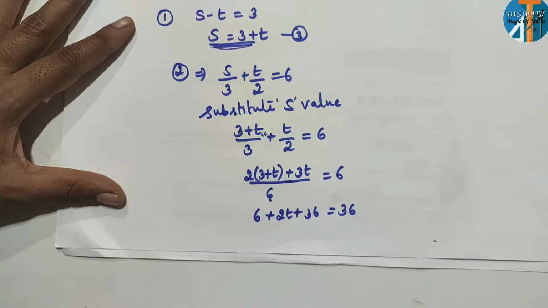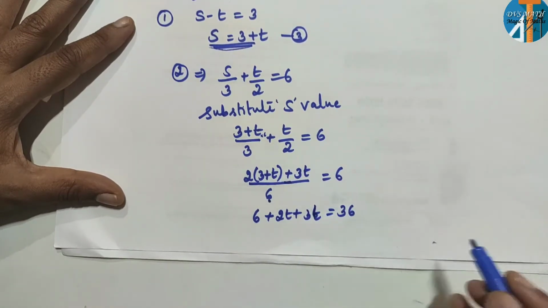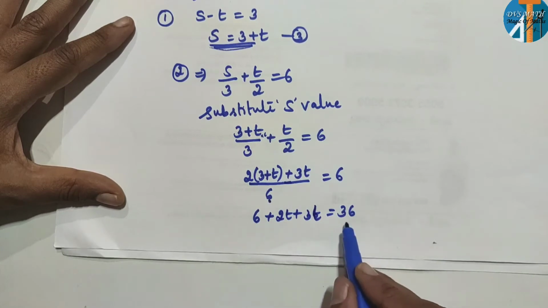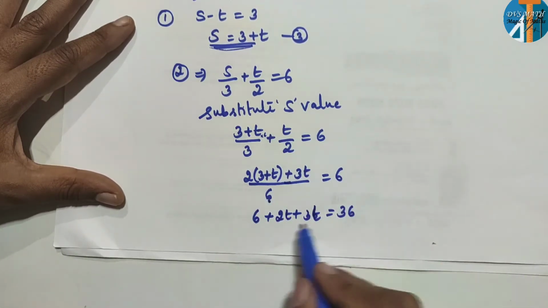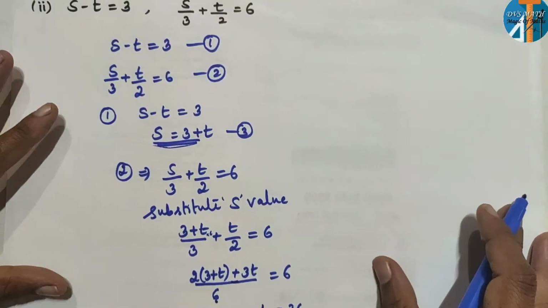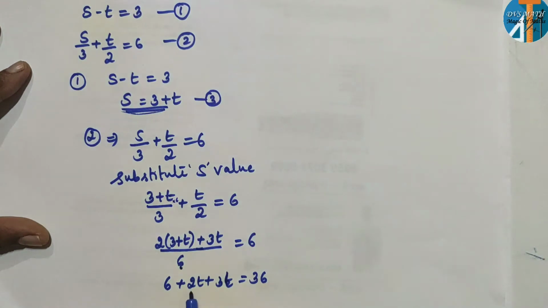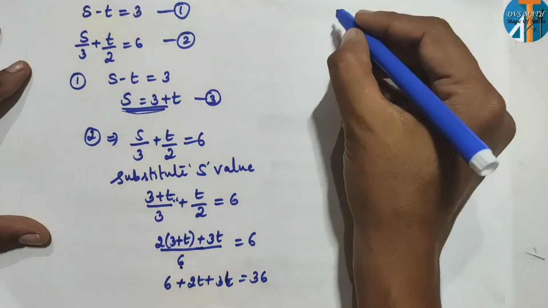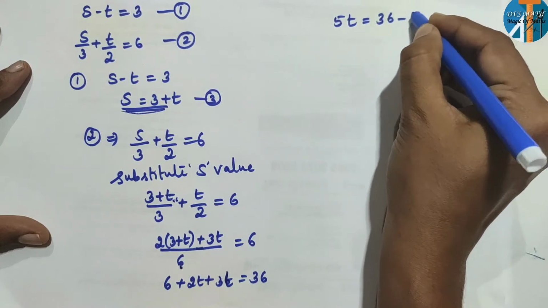Now you got one equation in terms of t. Let us take the 6 to the RHS in the next step. Here 2t plus 3t is 5t. 5t is equal to 36 minus 6. Observe each and every step clearly.